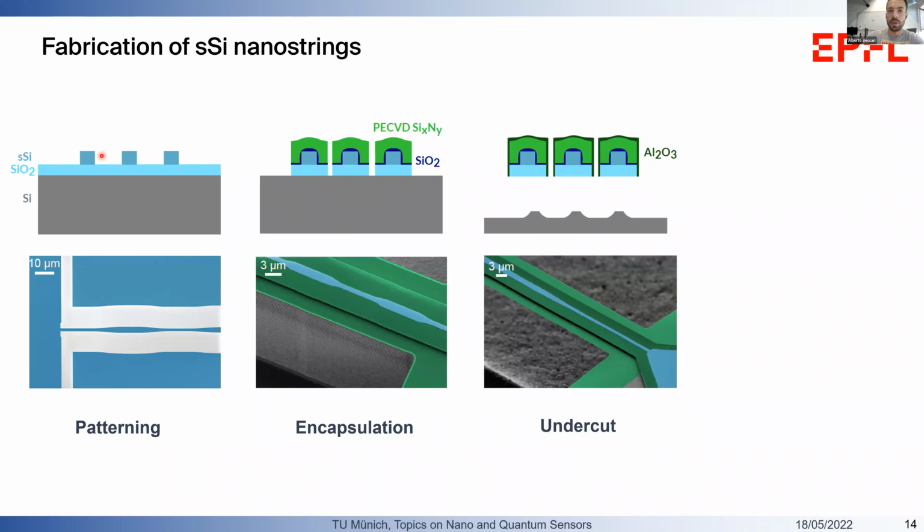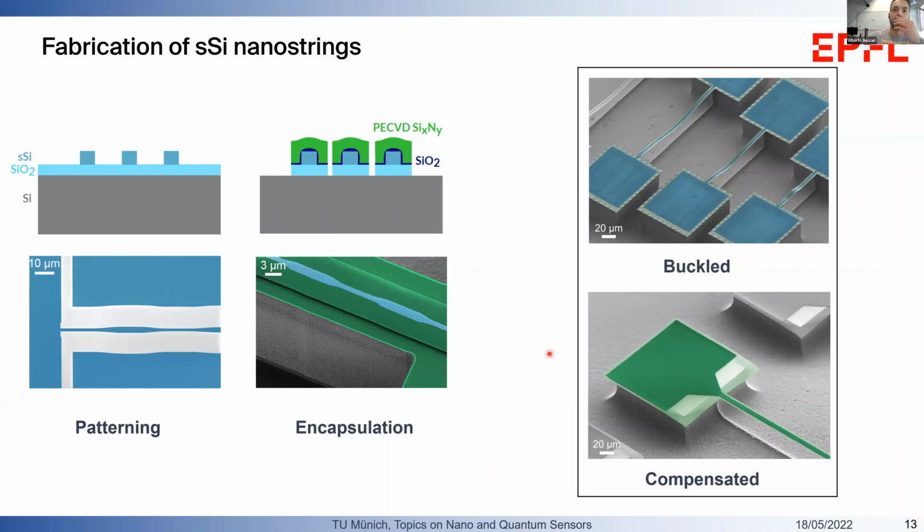So we use SF6 for the undercut of this encapsulation structure, and if we didn't precisely protect the nanostrings, we would completely etch away the strained silicon layer in this step. So we have to make sure that they're properly sealed and encapsulated during this step.